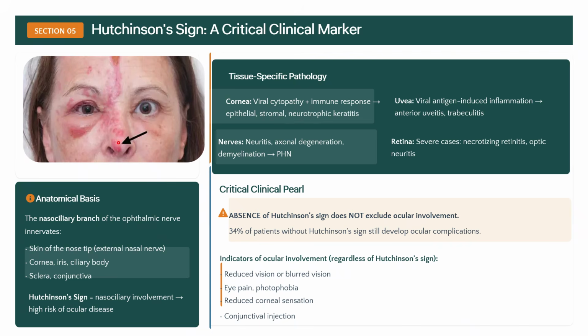However, about 34% of cases without Hutchinson sign have ocular involvement. So the absence of Hutchinson sign does not rule out ocular involvement, but its presence is strongly suggestive of ocular involvement. You should understand this statement very clearly, and we have explained the anatomical basis for this: involvement of the nasociliary nerve.